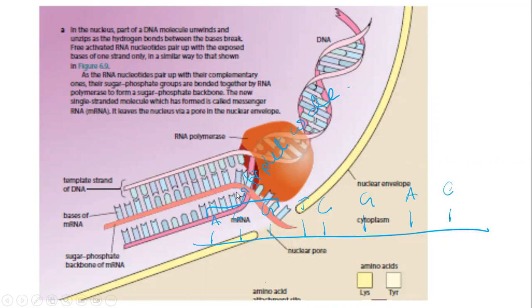Once the section of DNA that has your information for making insulin is transcribed, your messenger RNA is going to detach, it is going to move away, and the messenger RNA will be made.